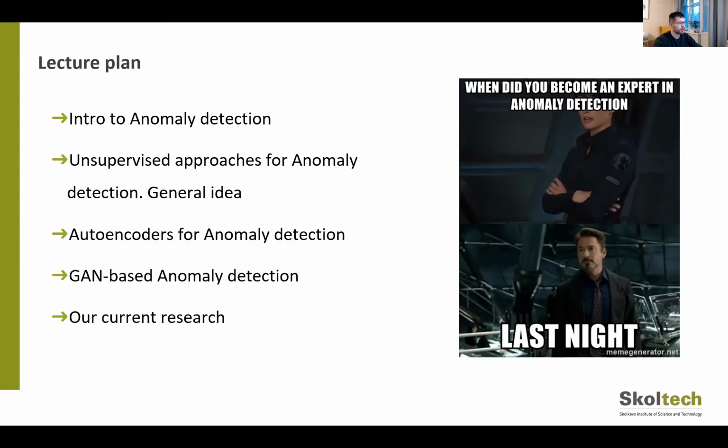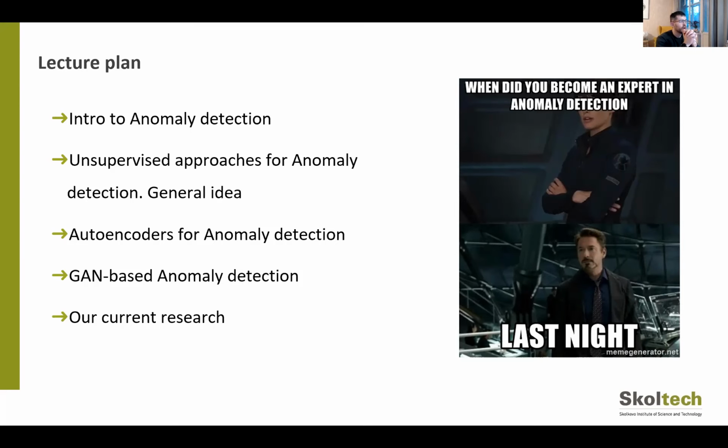We will mostly consider unsupervised or self-supervised approaches for anomaly detection with very little labeled data. We'll describe the general idea of what we can do in this case, and then move to applications of the different models that can be applied to unsupervised anomaly detection.